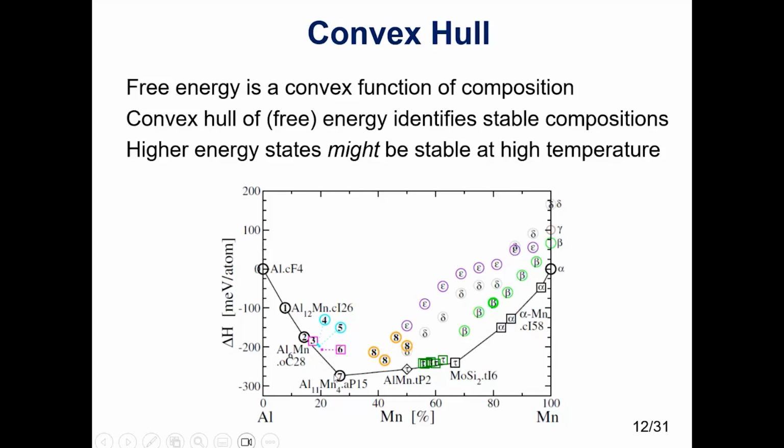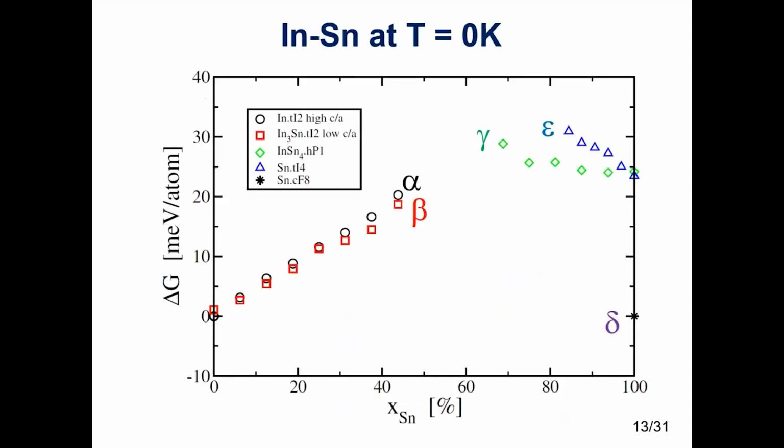And the vertices of the convex hull, those are stable phases of precise stoichiometry. If a continuous function were to sit on the convex hull, then that would show you an existence range for a solid solution. Here in this case, we only see discrete points on the convex hull, but shortly we're going to see continuous functions on the convex hull as well.